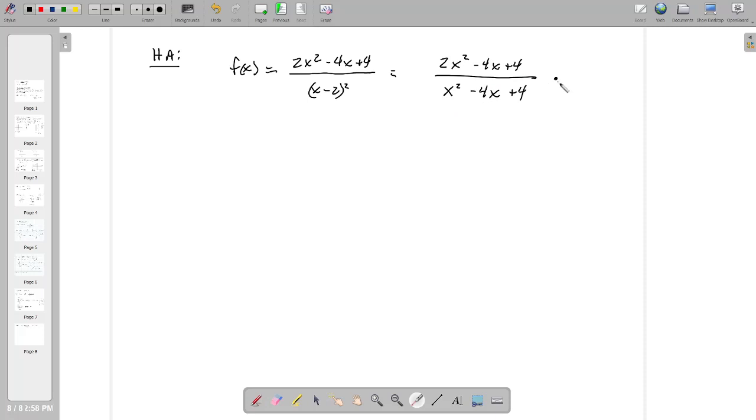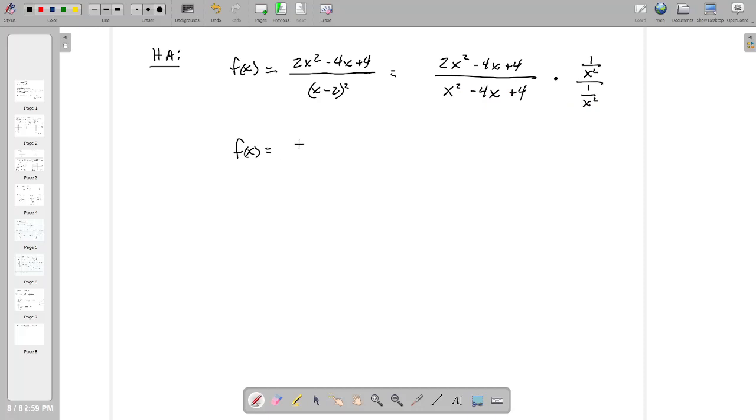The next thing I'm going to do is multiply top and bottom by 1 divided by x to the highest degree term in the denominator. So we have a degree 2 is our highest degree term. So I'm going to divide top and bottom by x squared. We have this. Now when I multiply these, remember you have to distribute for everything.